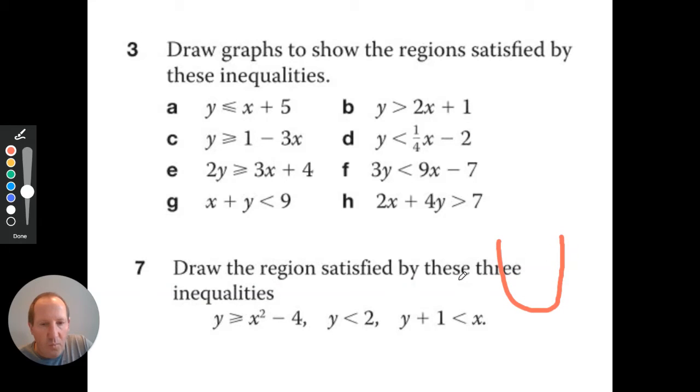We'll get y is equal to 2, and again it's less than that, so it's going to be below the line, and then I've got another line which is going to be y is equal to x minus 1, so I've taken that over. So I've got a straight line which is y is equal to x minus 1, another straight line which is y is equal to 2, a quadratic that goes around like that, and I end up with this area here, which is bounded by those 3 inequalities.